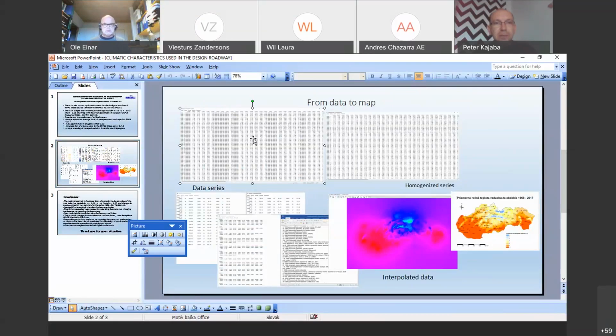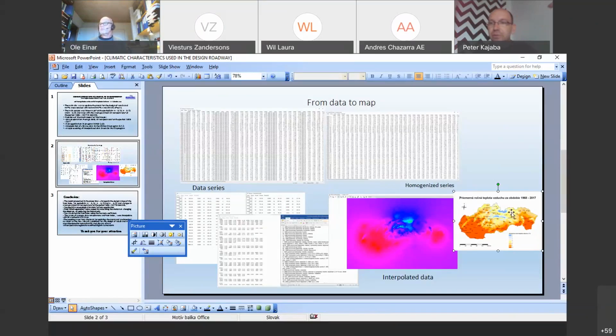Here is a real data series with missing values. And this one is verification files before homogenization and after homogenization. This is metadata for every station. This is interpolated data from the GRASS program, and the last picture is the final map.